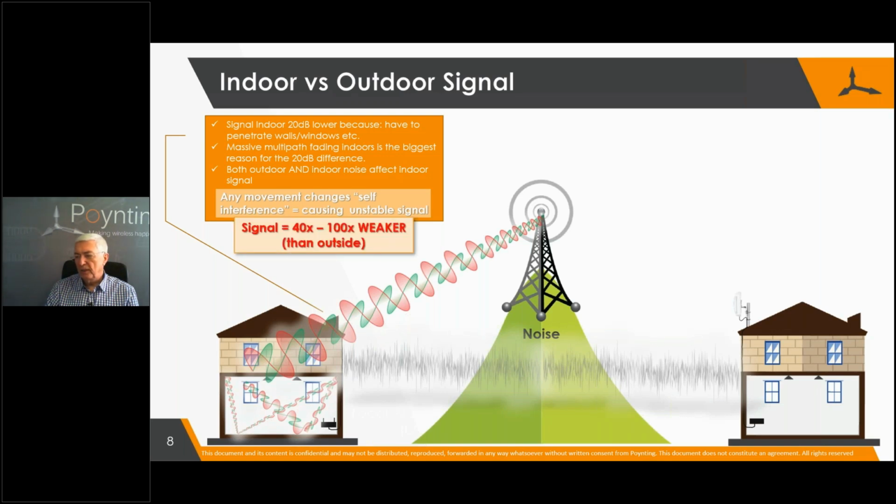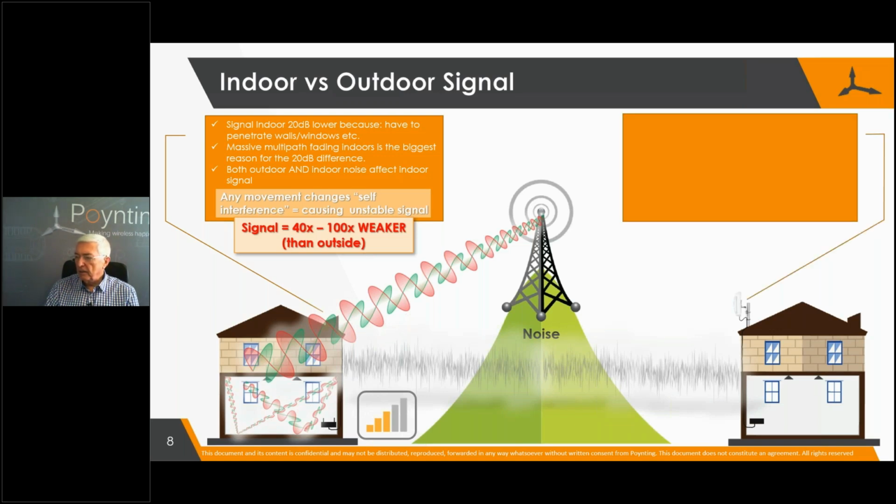And what we ultimately say is that the signal that you have inside the building is between 40 and 100 times weaker, between 16 dB or 20 dBs for the guys in the know. So there we have a poor to relatively poor signal.